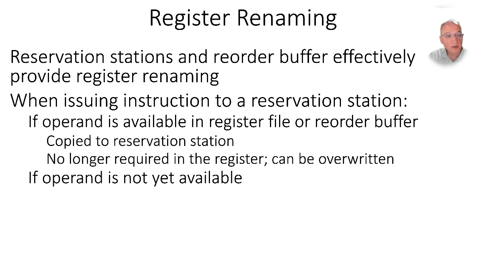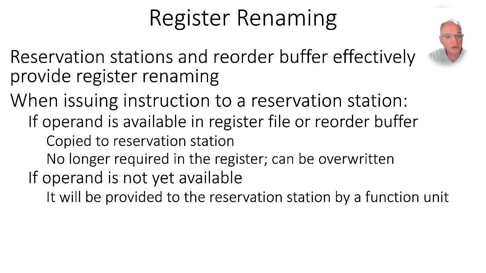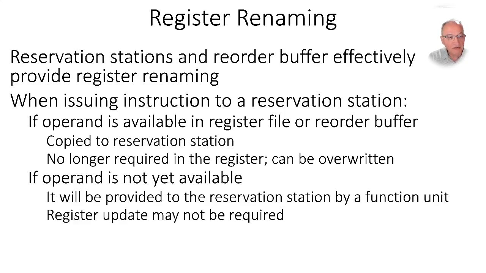If the operand is not available, you are provided with the name of the register that you're going to need. It will be provided to the reservation station by a functional unit. So the reservation station is told that when the value of register 17 is broadcast by any functional unit, that's the value you need. So the register update may not even be required.